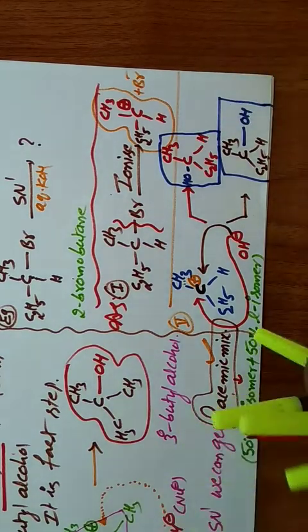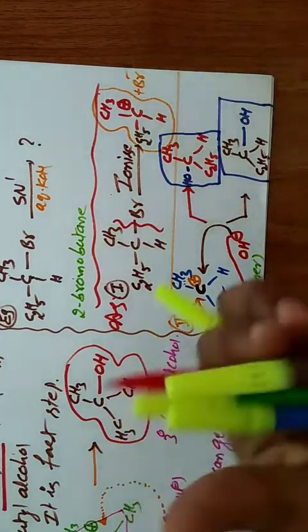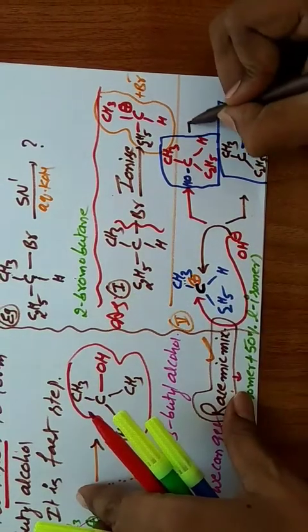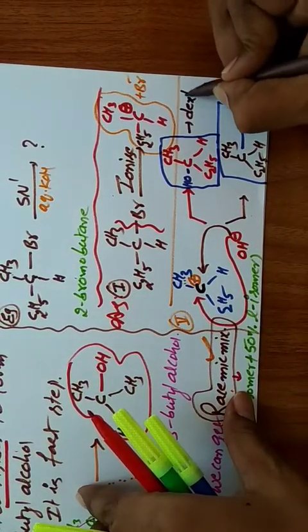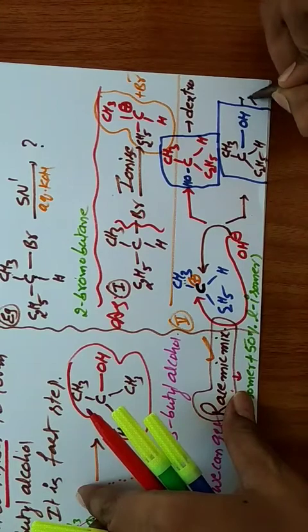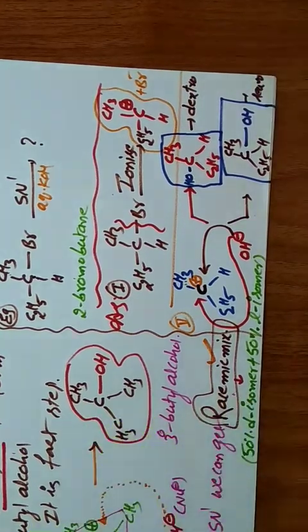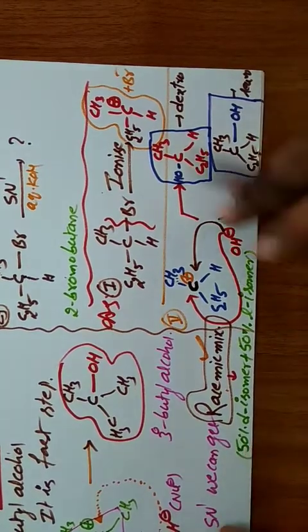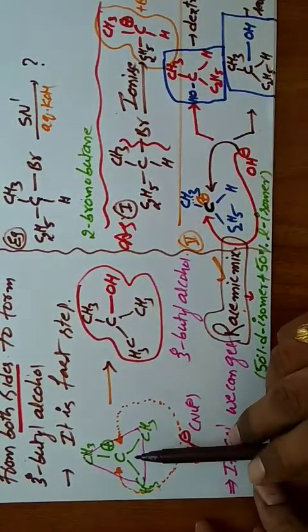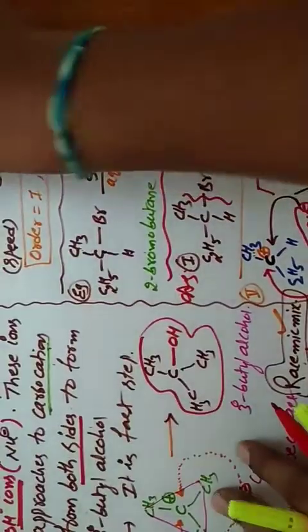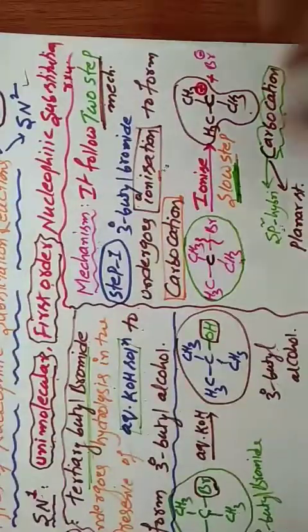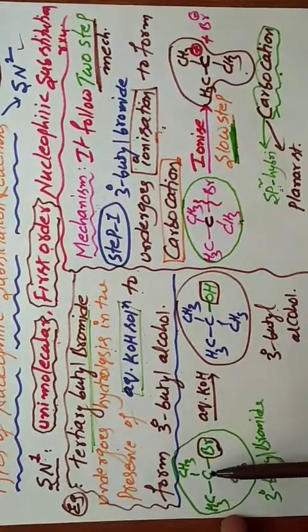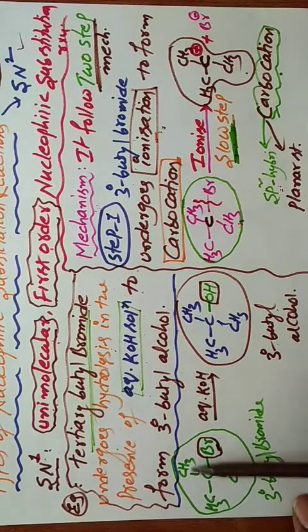In this example, this carbon is not an asymmetric carbon. Similar groups are there. That's why it is not an asymmetric carbon, and we get only one product. Right side OH, left side OH, there is no difference; both are the same.